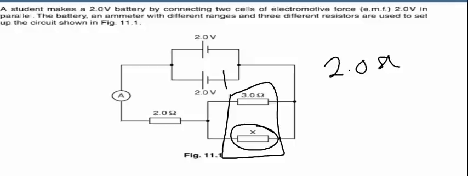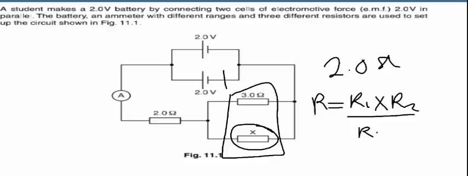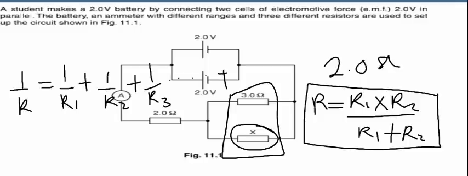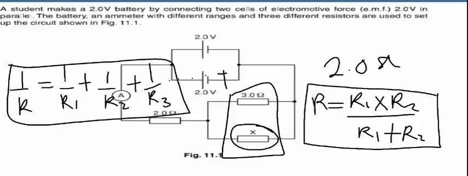So whenever you have been given two resistors connected in parallel, you can use this formula where you're going to say resistance is going to be equal to resistor 1 multiplied by resistor 2 divided by resistor 1 plus resistor 2. This one here only applies to two resistors connected in parallel. If there are three, you're not going to use this one here. You can use this one. So you can use this one here and so on.